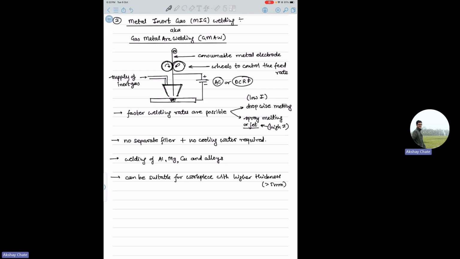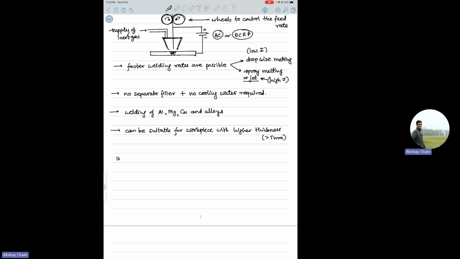Then in this category there is a third technique, which is called plasma arc welding. Okay, so this is plasma arc welding, or you can call it PAW.